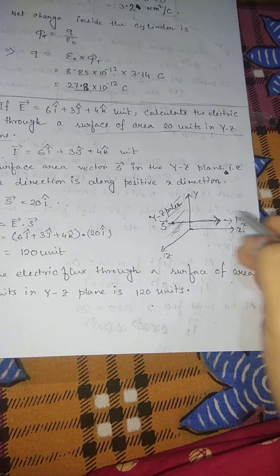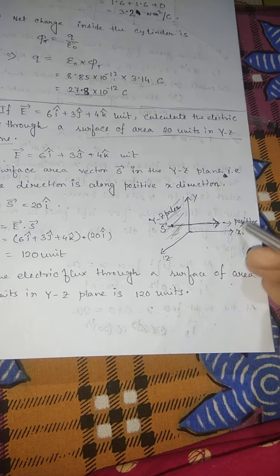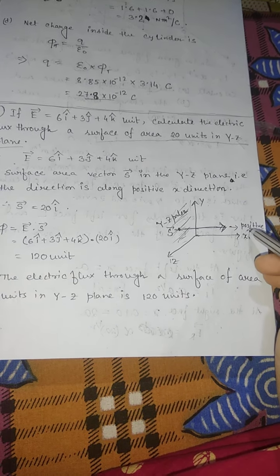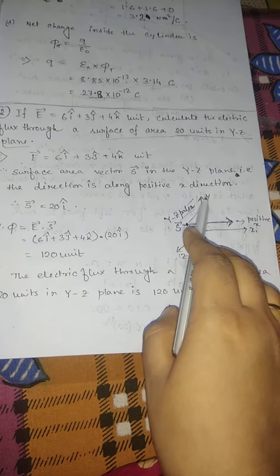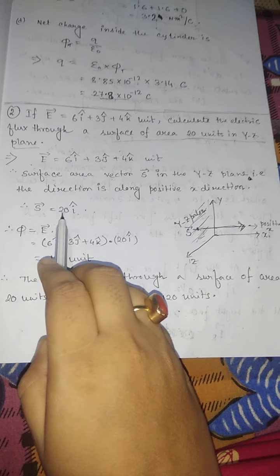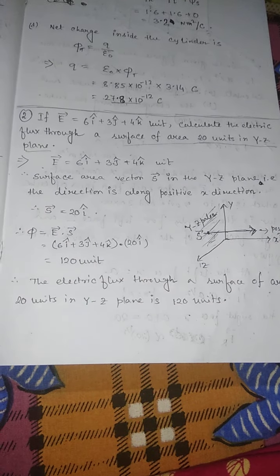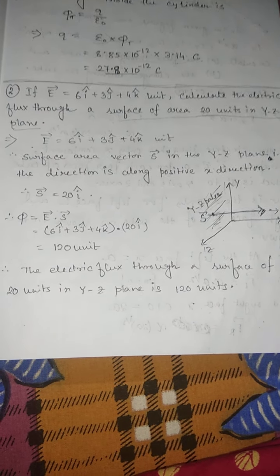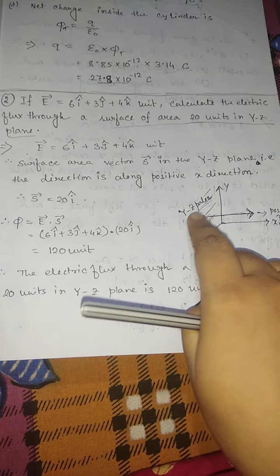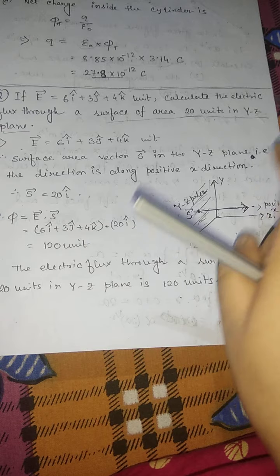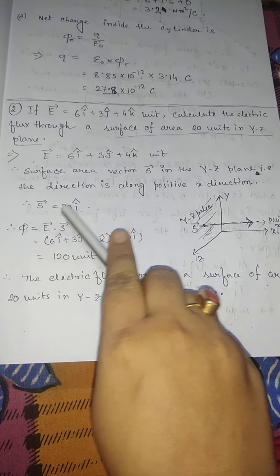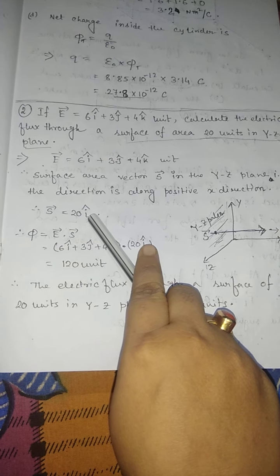So we can write S equals, because there is no Y and Z component, 20 i hat. We know that i, j and k are the unit vectors along the X axis, Y axis and Z axis. Because the area vector is directed only along the positive X direction, we denote it by i hat.